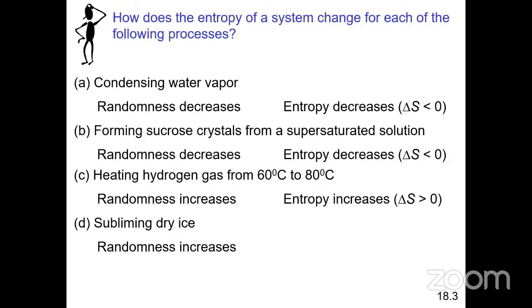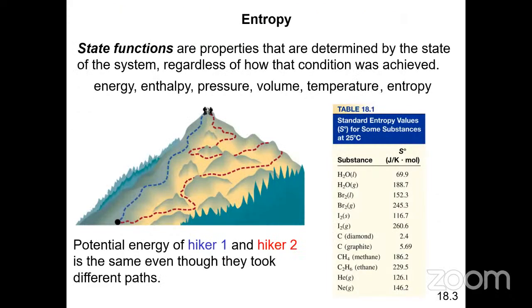Finished? Okay, so let's continue our discussion of entropy. Now, entropy is yet another example of something that you would have met before in General Chemistry 1, and that is state function. State functions are basically properties that are determined by the state of the system, regardless of how that condition was achieved, right? You see listed here examples of state functions, which would include energy, enthalpy, pressure, volume, temperature, and what we just discussed, entropy, right?